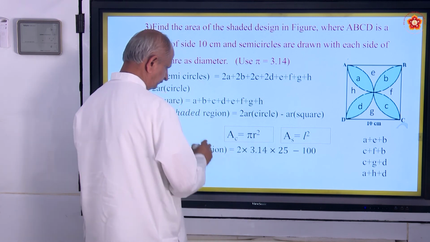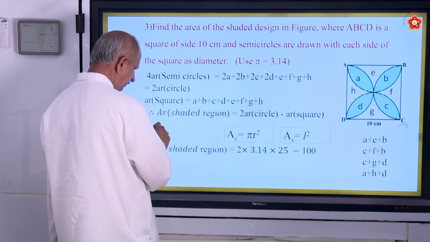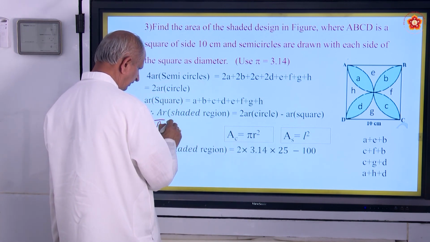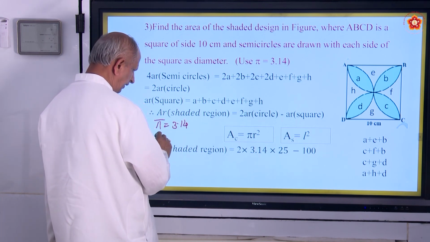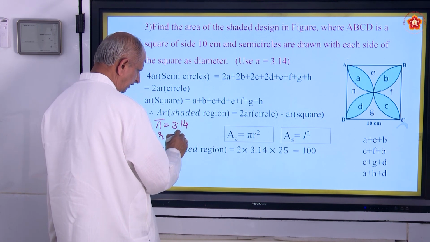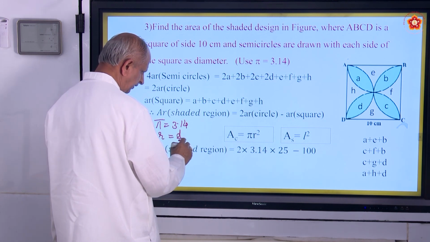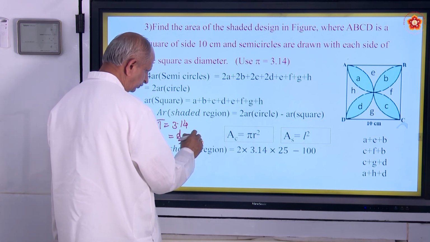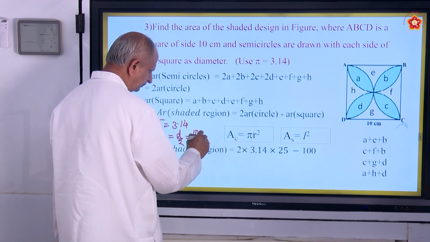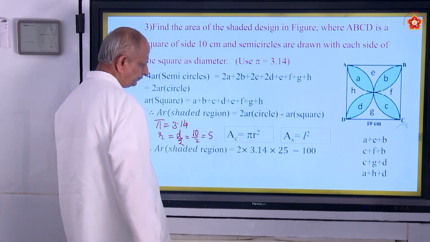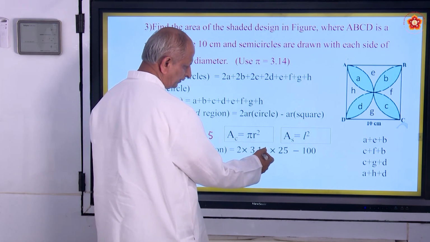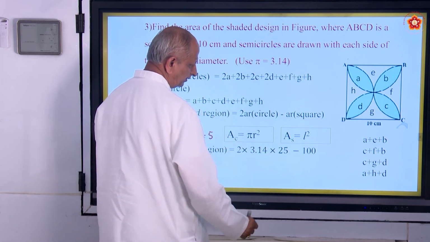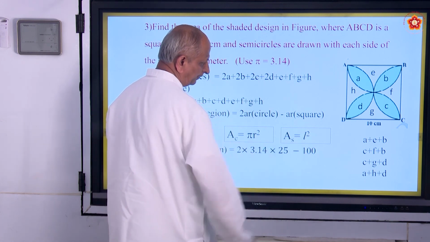So pi is 22/7, also equal to 3.14, and r is equal to d by 2, 10 by 2, that becomes 5. Okay, that is how you write this, 2 into 3.14 into 5 square minus L square.